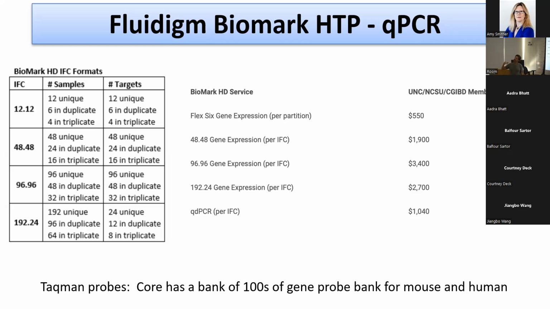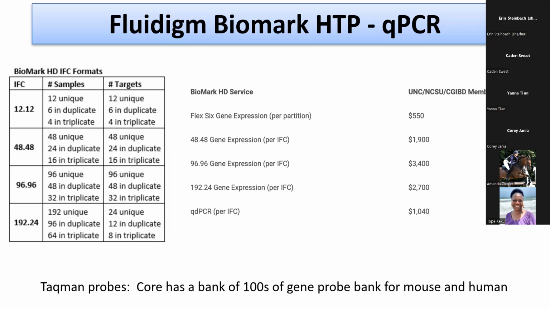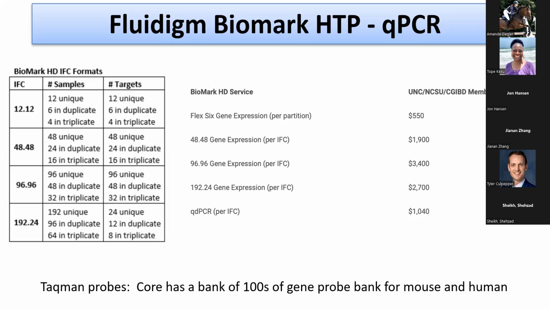TaqMan probes are more expensive, as you know. What we've done to decrease the cost for the users is what we call a virtual probe bank. Essentially, we have a number of probes from mouse and human that you can tap into. You don't have to buy the whole tube. You can just buy a reaction. And that decreases the cost a lot. We have hundreds of different genes from mouse and human. Now, your gene of interest may not be in there. In that case, you would buy the probe through the core, the whole tube.